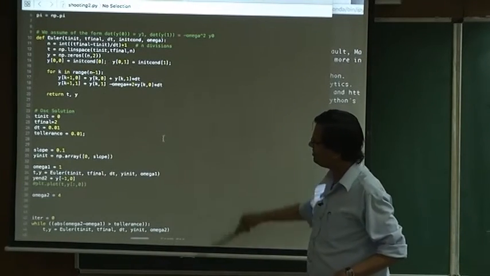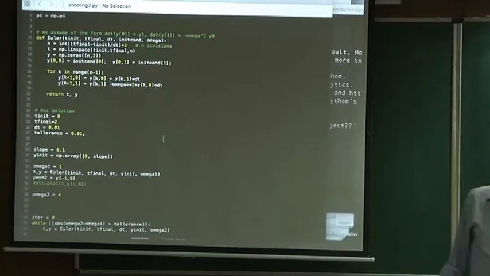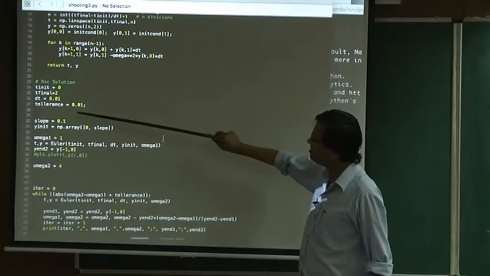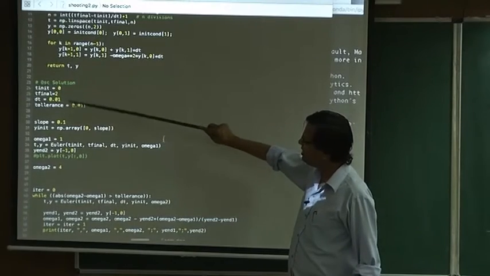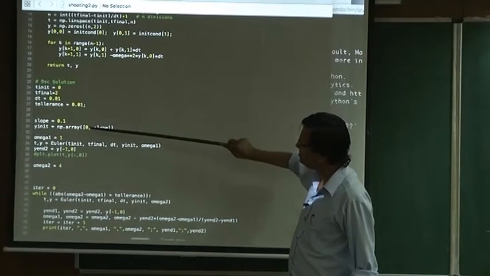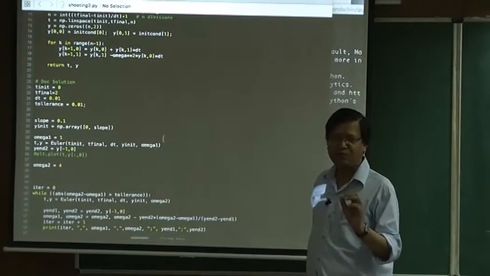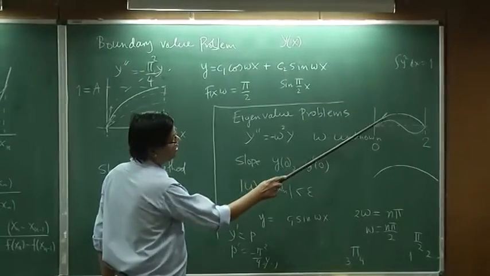So, I start with, I give you slope as 0.1. My initial condition is: my initial value is 0, and the slope is 0.1.